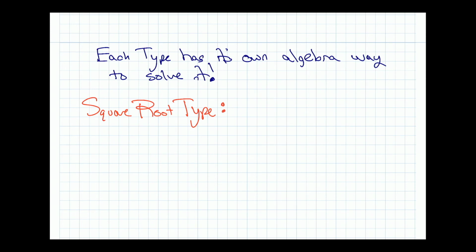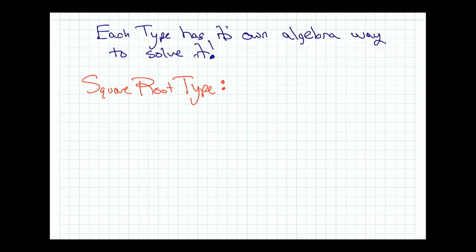All right, so what is the deal here? The deal with these is that you need to do what they call multiplying by the conjugate. By the way, this is probably the hardest type to solve this way, so keep in mind that if this looks hard, it's probably harder than what comes next. So square root type.